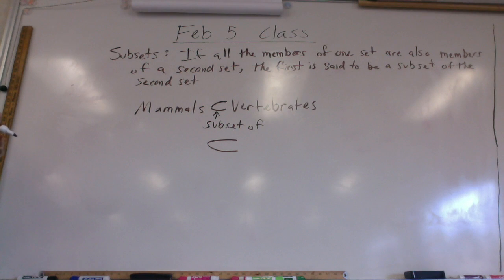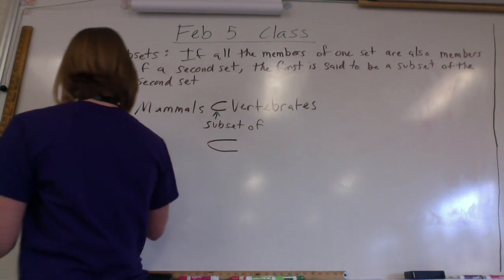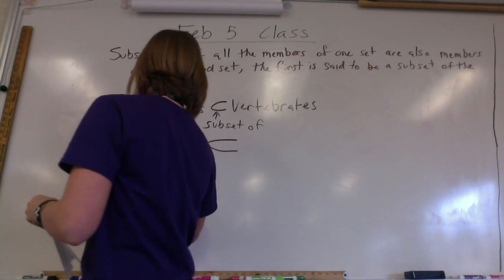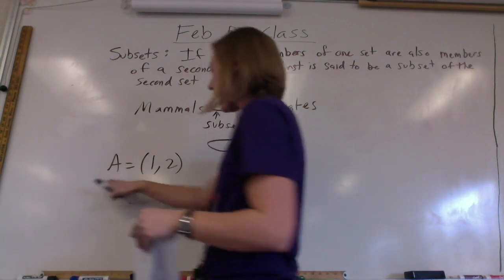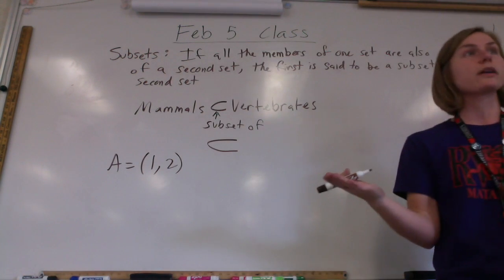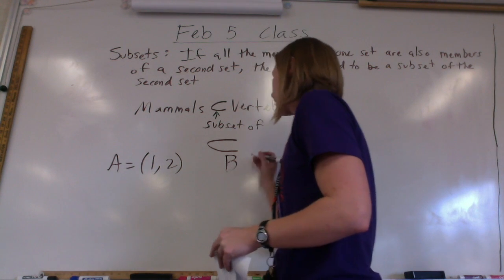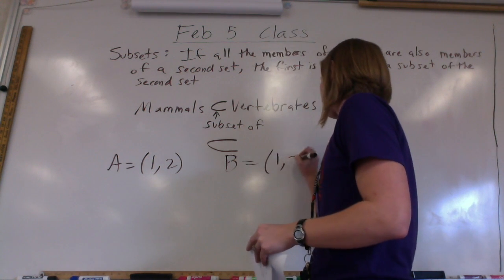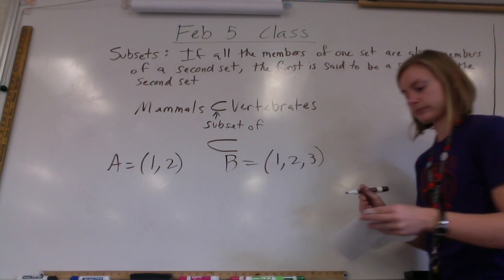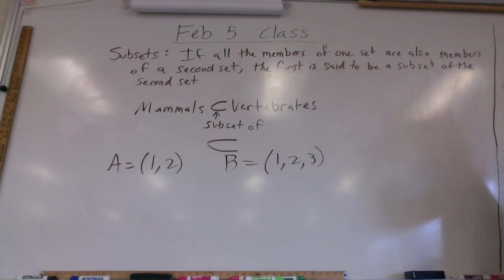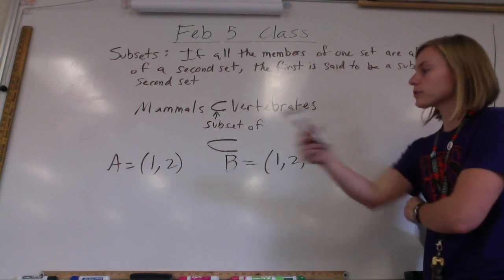So let's say we had the set A, which is 1 and 2, and another set of numbers, B, which is 1, 2, and 3. Which one is a subset?